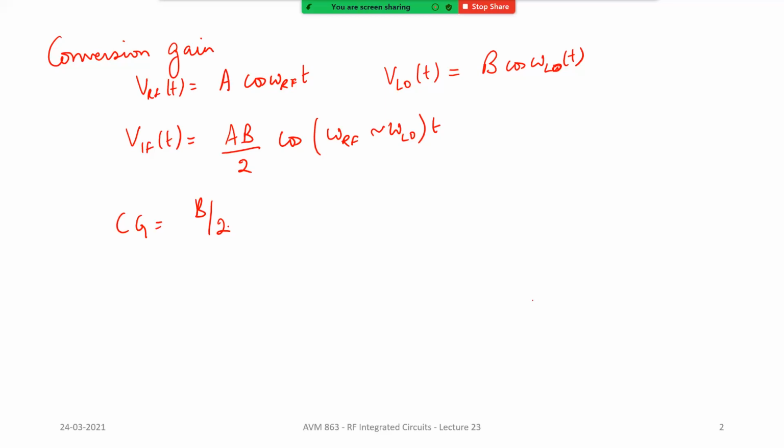In practice, based on the way in which you implement these mixers, there are two types of implementations, okay? One is called passive mixers, and the other is called active mixers, okay? The difference between the two is that in passive mixers, you do not have any amplification happening, okay?